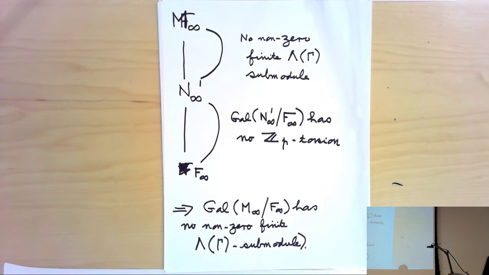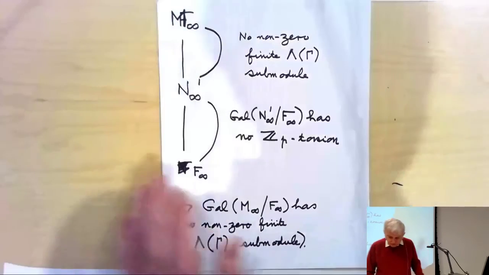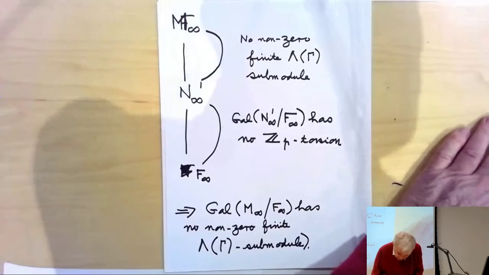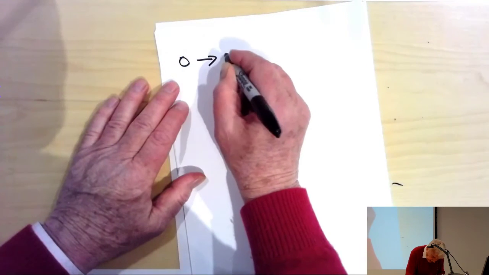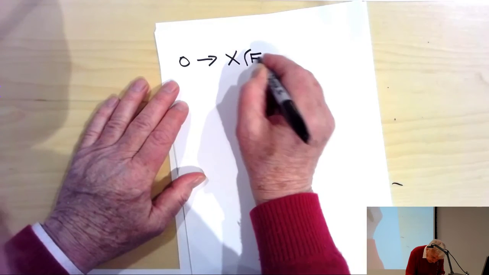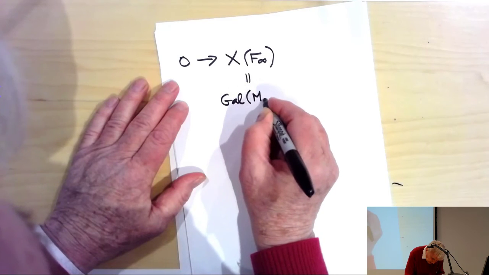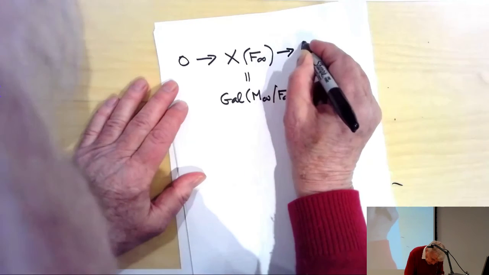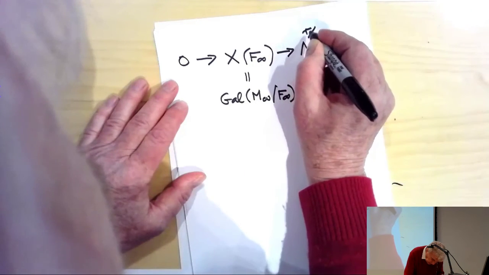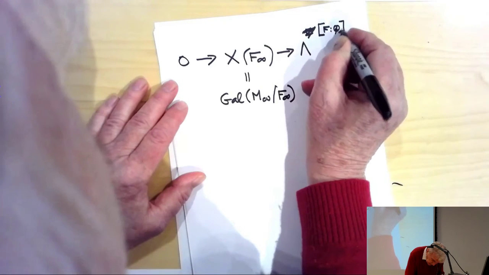But nevertheless, this tells us that we have a nice exact sequence: naught goes to X of F infinity, which is this Galois group of M infinity over F infinity, and it goes into lambda to the R2, the degree of F over Q divided by 2.